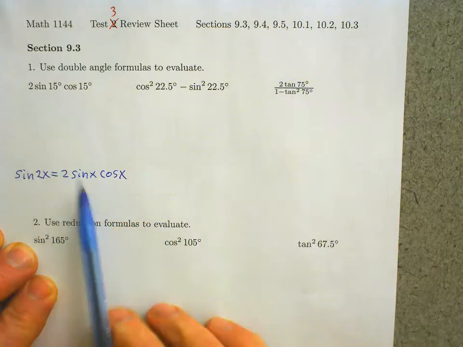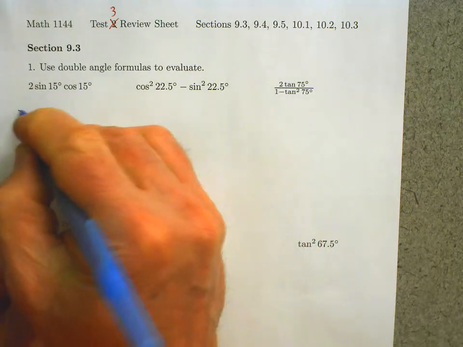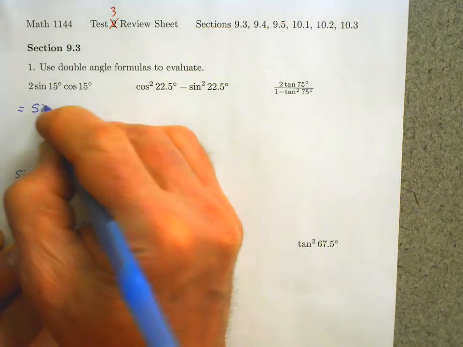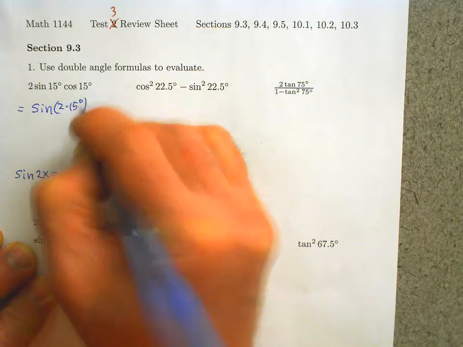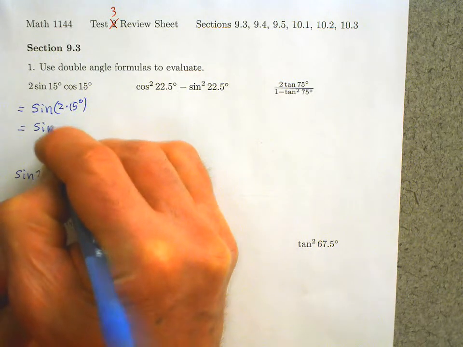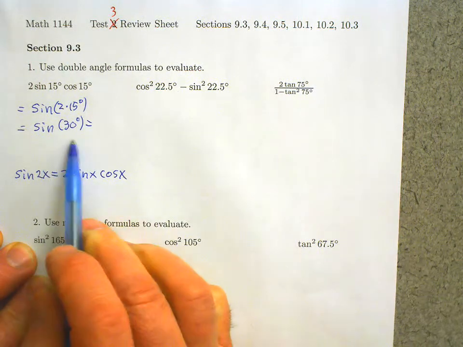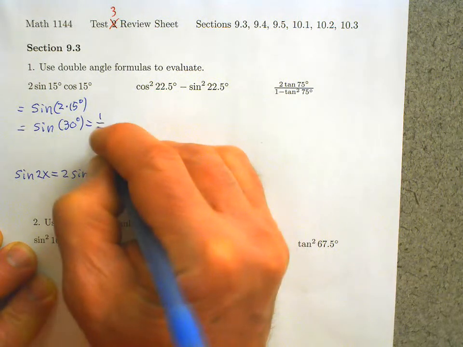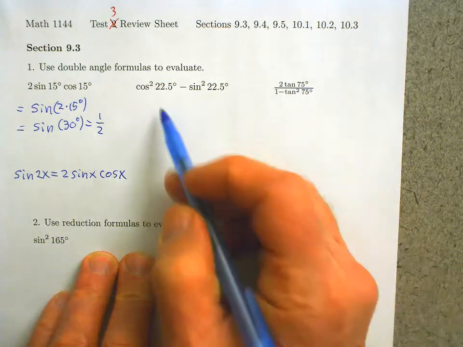So if we use this formula in reverse, this is equal to sine of 2 times 15 degrees, or sine of 30 degrees. And sine of 30 degrees is 1/2. We know that.